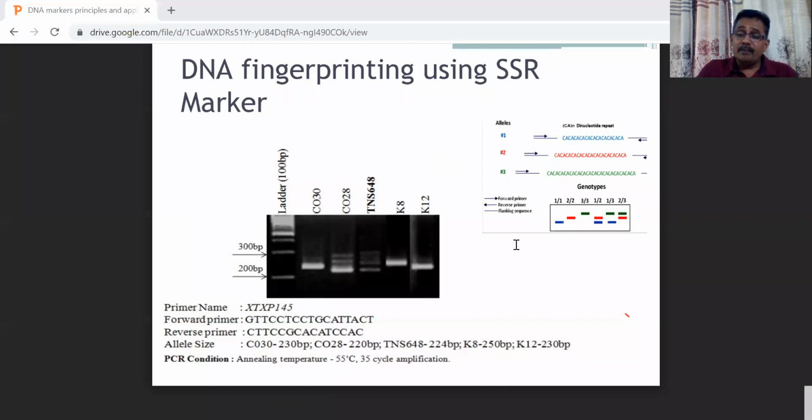For example, maize B73 is the maize inbred line whose genome is sequenced. So the size of the PCR product for a particular SSR is also given in the database. So it is easy: you can download the primer sequence, order the forward and reverse primers, go straight to PCR, and check the allele size of your particular variety.